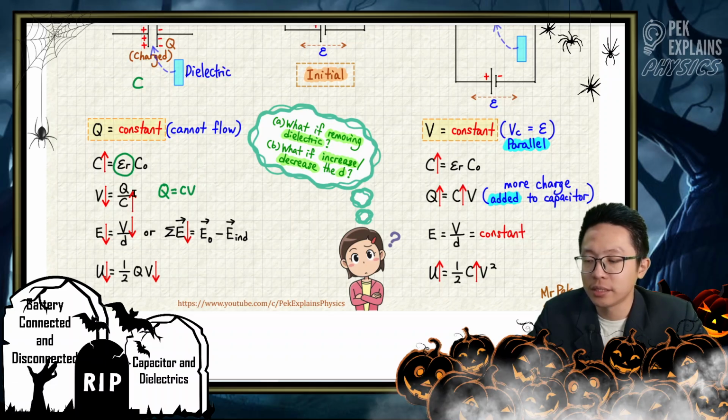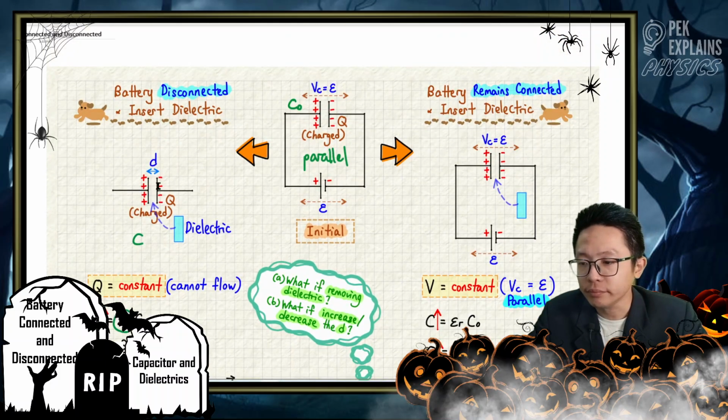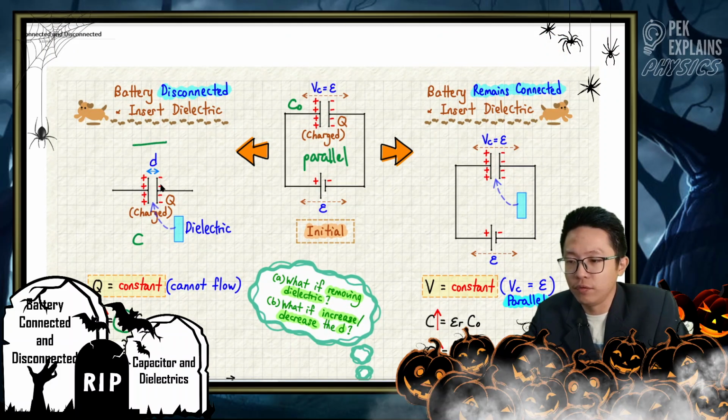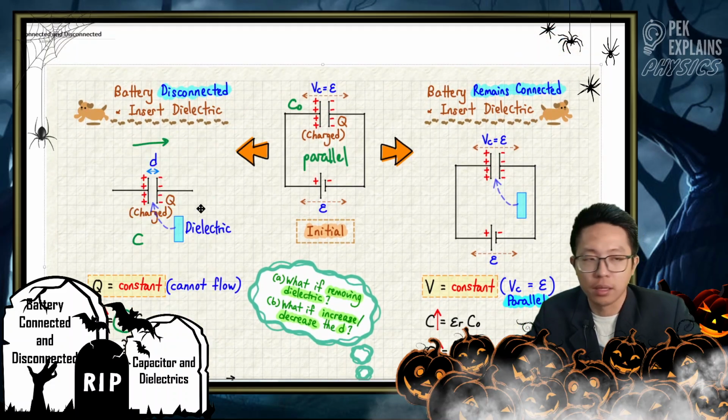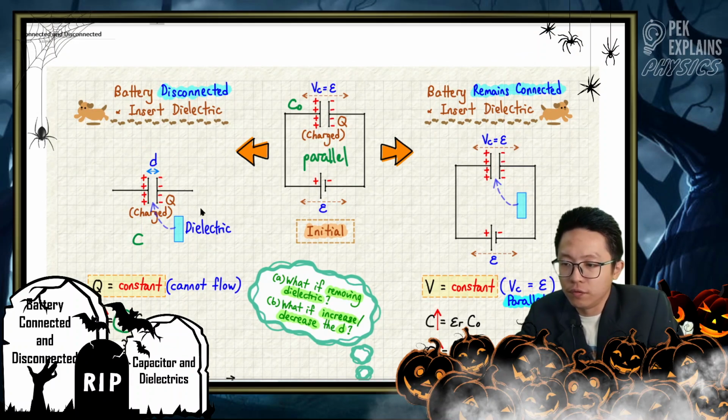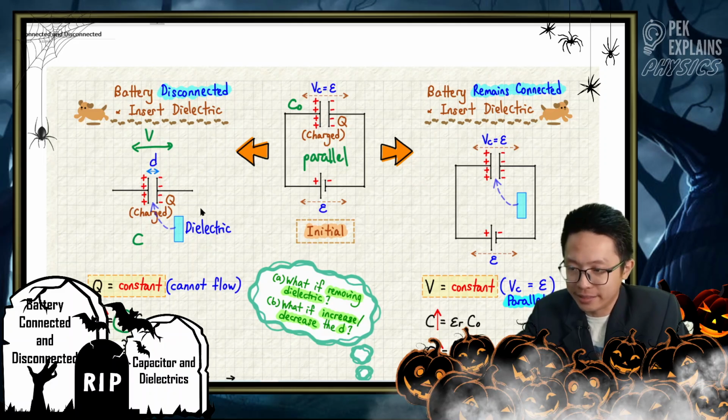When C increases, V decreases. The voltage of the capacitor now will decrease.